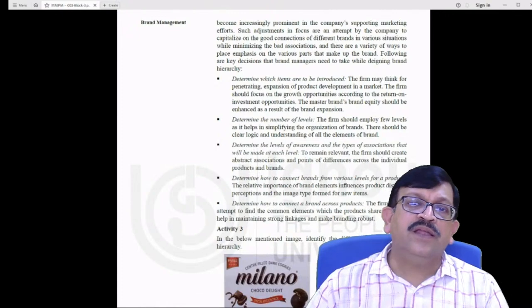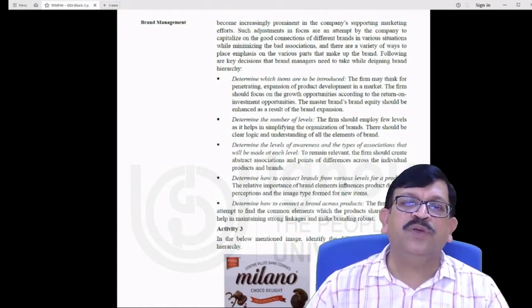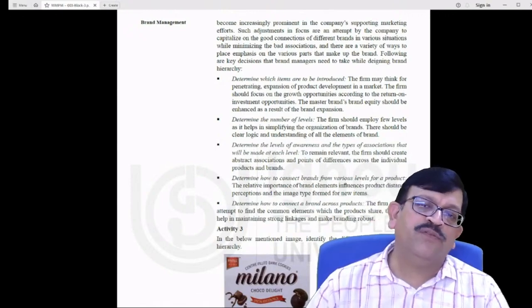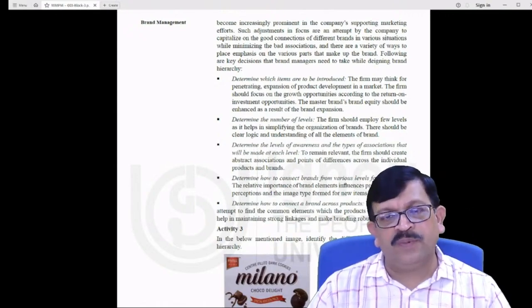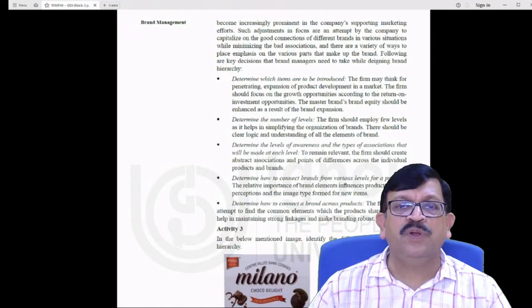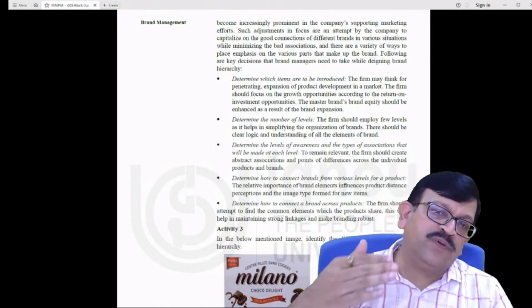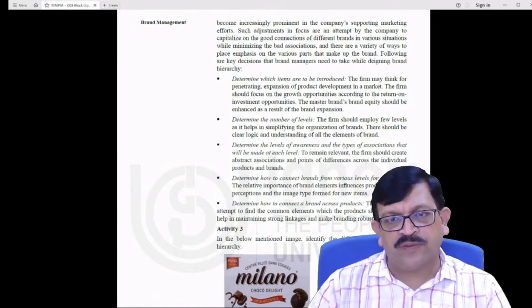Secondly, we need to decide on the levels: while you are offering the brand, at which levels will you be offering it, whether it's the corporate level, or the family brand. Of course, a family brand may not be feasible; it may be at an individual level, and then as you go on, you can be in family and corporate, and you can get into the modifier.